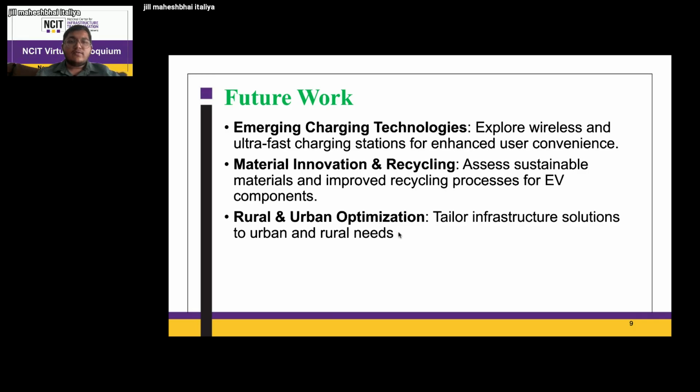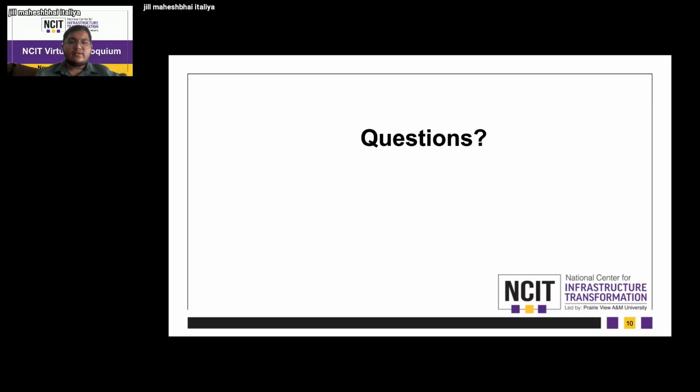Material innovation and recycling, so more towards using renewable sources of energy and more recyclable materials to decrease the carbon footprint. And rural and urban optimization, tailoring infrastructure solutions to rural and urban areas, basically using parking lots and other open areas for building charging stations.